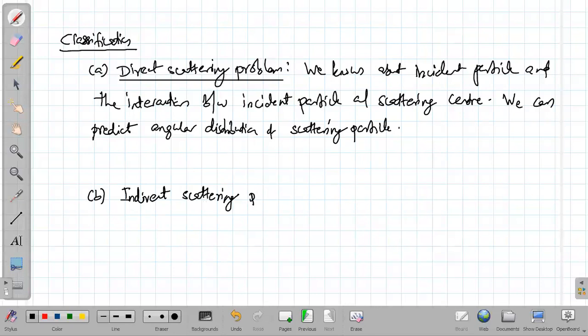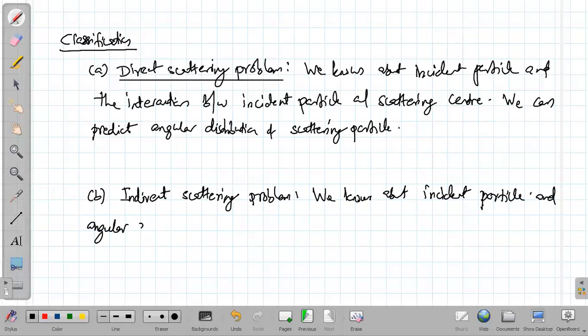Here we know about the incident particle and the angular distribution of the scattered particles.